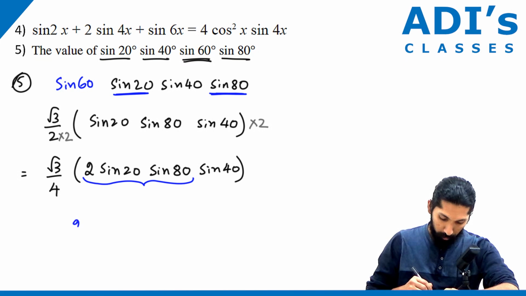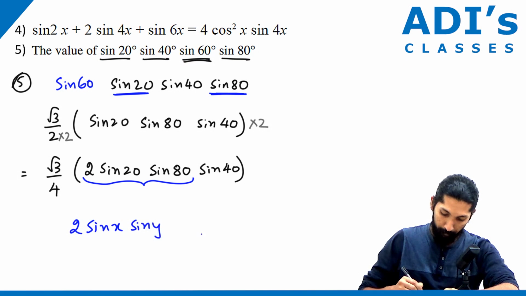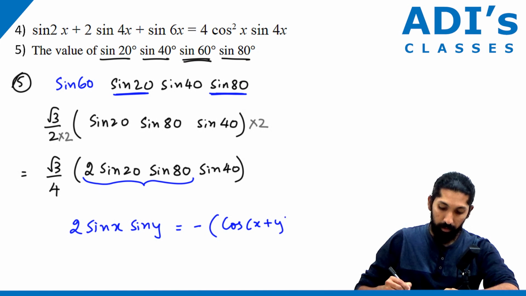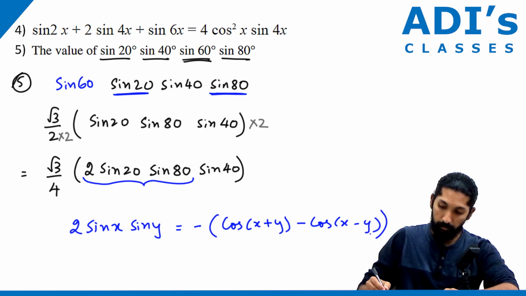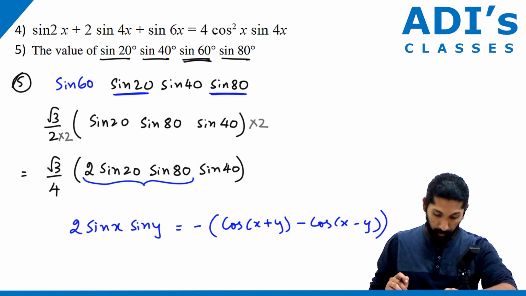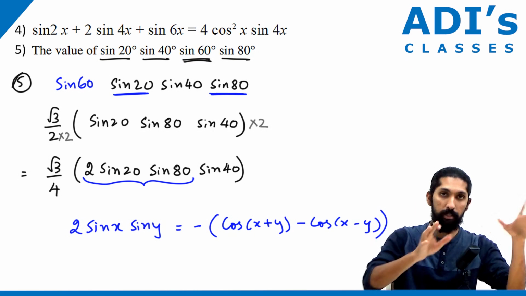What is the formula of 2 sin x into sin y? This is nothing but minus of cos of x plus y minus cos of x minus y. Correct? This is the formula. Now we'll make use of this one. Now root 3 by 4, guys, just keep it aside.